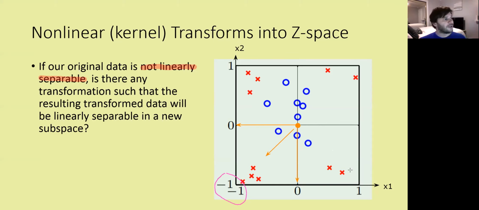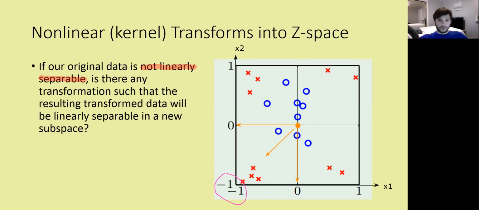And what I'm going to suggest is that if we took the coordinate points of each data point, all of those red data points and all those blue data points, and squared them, I will argue that that will change these data points in a way that makes the problem linearly separable when we look at the problem from the perspective of the square of these data points.